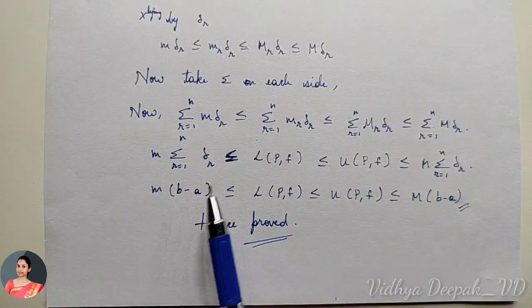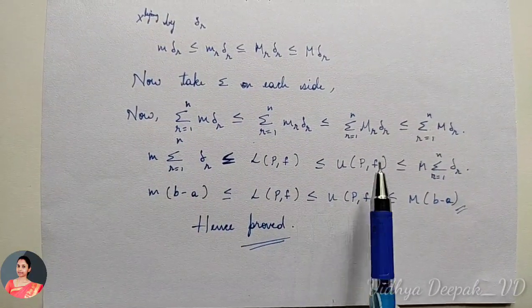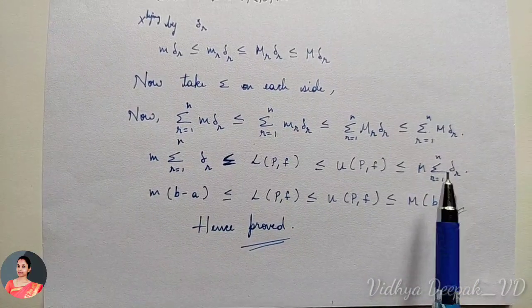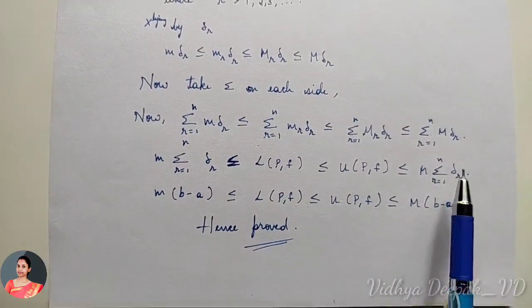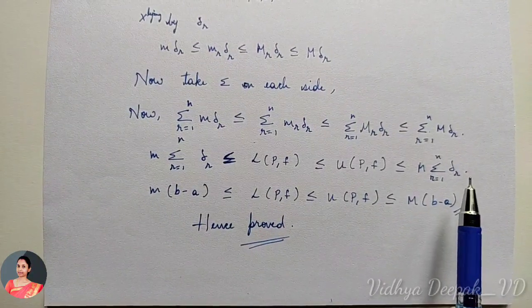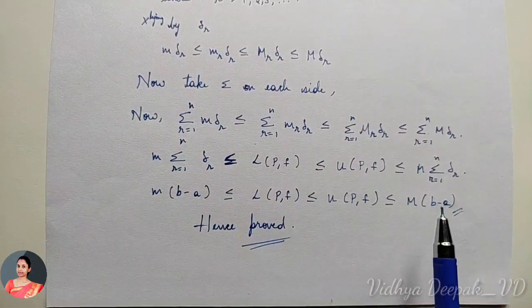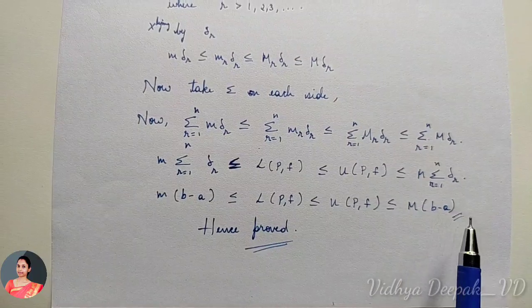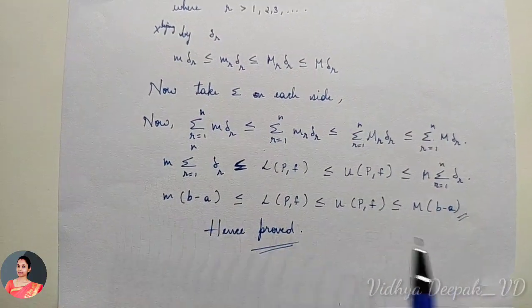Generally, the lower Riemann sum is less than or equal to the upper Riemann sum, less than or equal to M into sigma r equal to 1 to n delta r, which is the length of the segment. So we take it as b minus a. Hence we have proved the theorem.